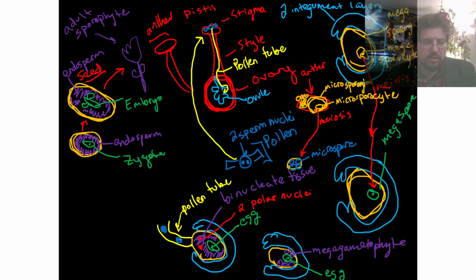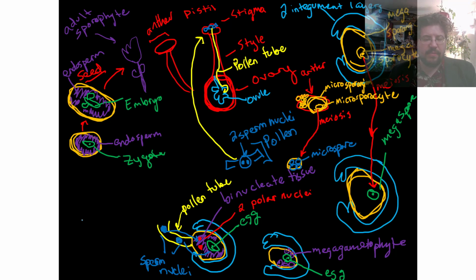2 sperm nuclei. One fertilizes the egg. The other combines with the polar nuclei to become the endosperm.